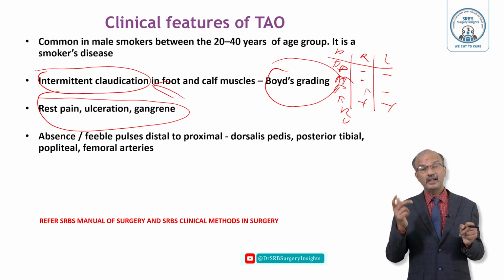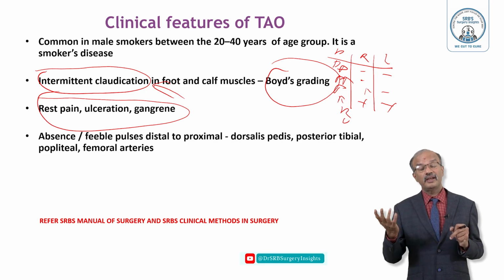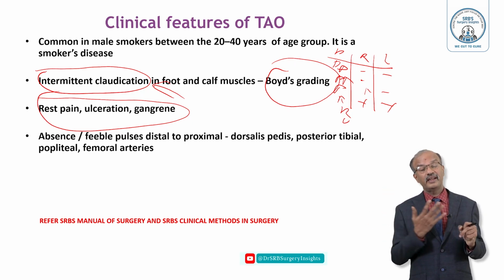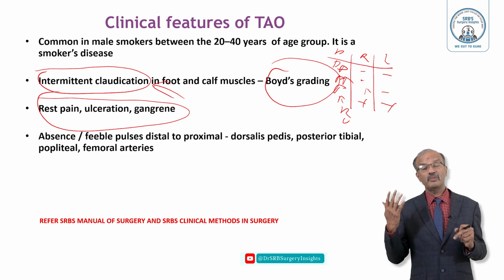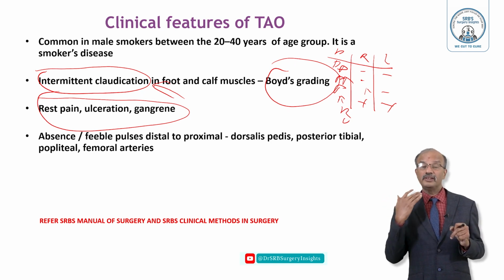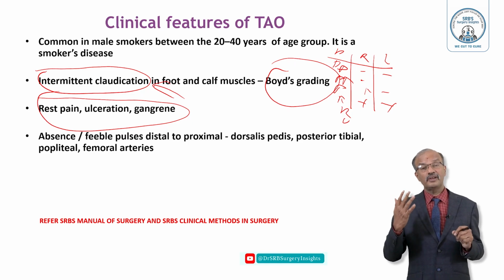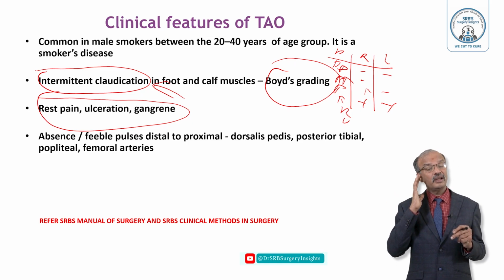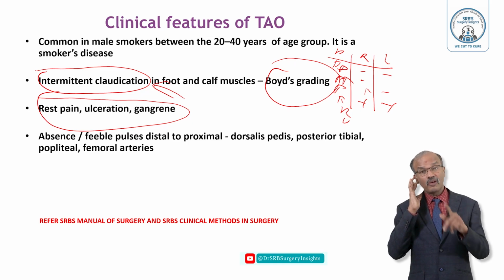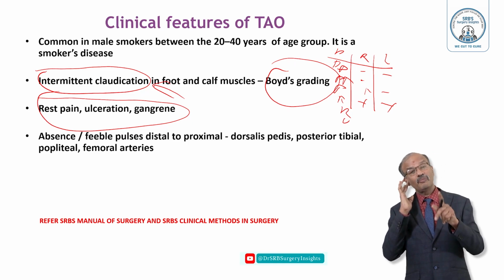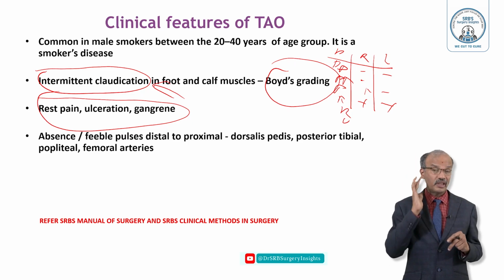Remember, radial artery over the lateral aspect of the radius, ulnar over the ulna, and brachial over the bicipital aponeurosis, and axillary over the upper end of the humerus, middle aspect, subclavian over the first rib, and carotid over the Chassaignac's tubercle in the transverse process of the C6 vertebra, and superficial temporal artery is over the zygomatic bone, not over the temporal bone. On the temporal bone, there are the branches of the superficial temporal artery, anterior and posterior. It is over the zygomatic bone.